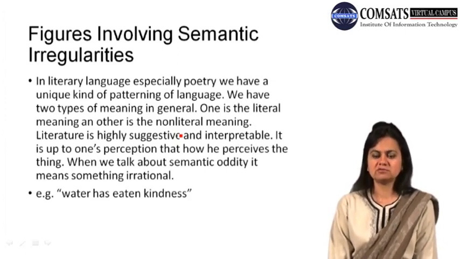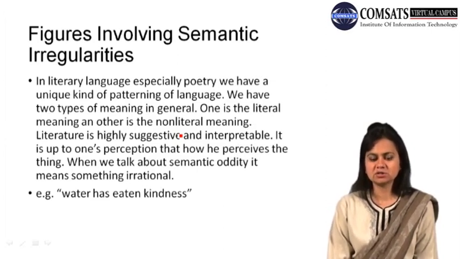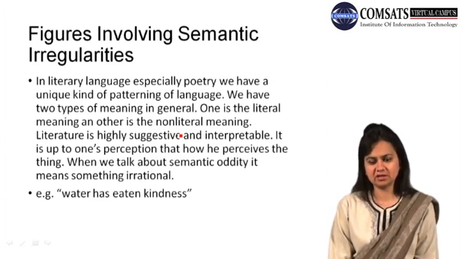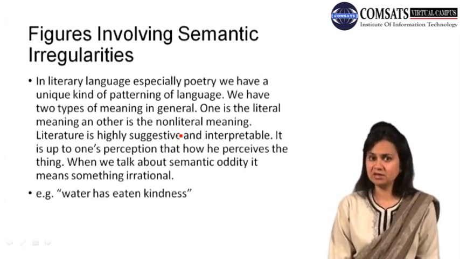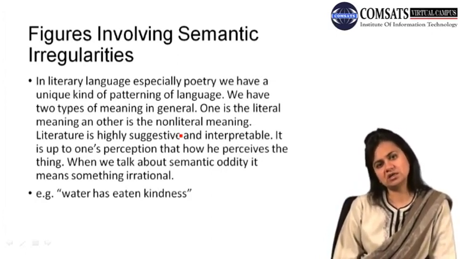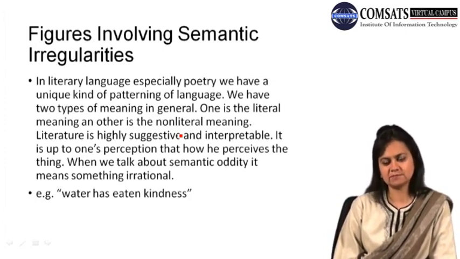Figures which involve semantic irregularities are referred to as such devices which change the meaning of a text. In literary language, especially in poetry, we observe a unique kind of patterning of language, where the sense of a meaning or a word or idea is transferred from one word or one domain to another.